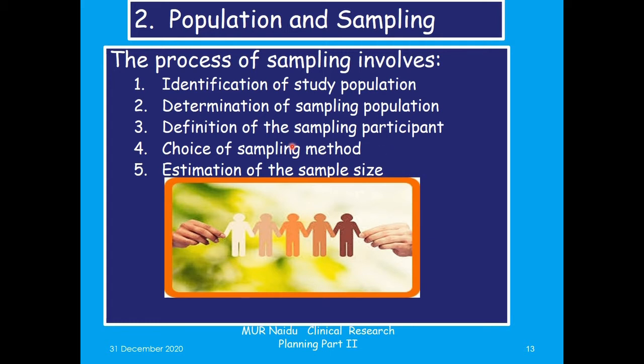So the total number of participants required to be included in the clinical trial should be properly calculated in a study design, and for that the statistical person will be very helpful. So these are some of the important processes involved in the sampling of the population in a clinical research.